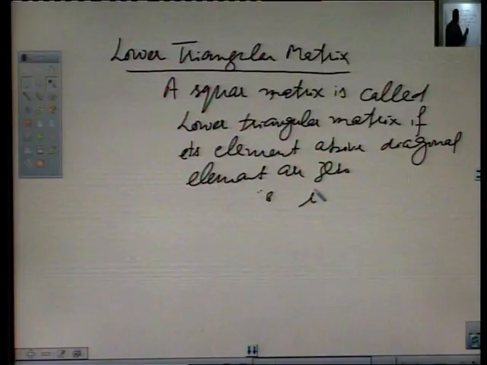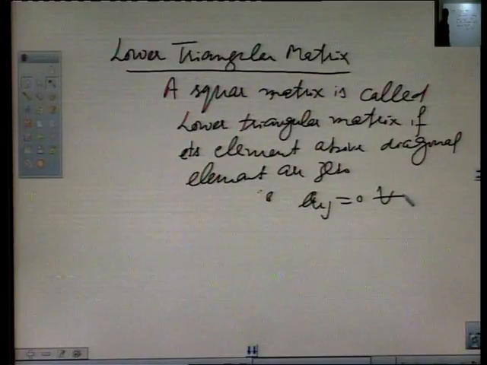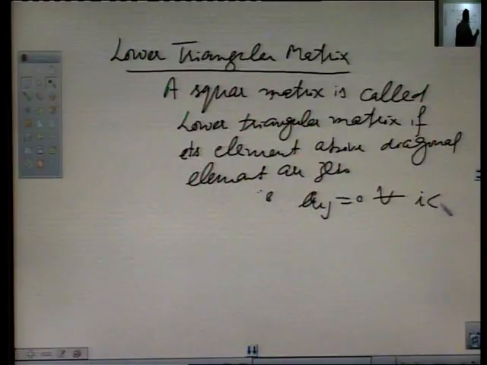That means Aij equal to 0 for all i less than j.